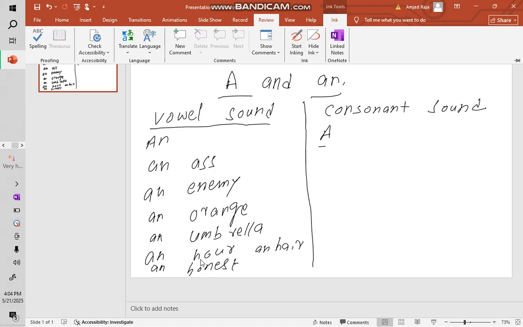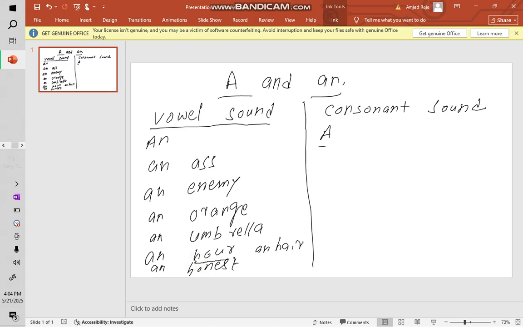In this case we have hour, honest, heir. These H alphabets we are not pronouncing in these words. That's why I have included them in vowel sounds. Notice that these words, hour and honest, begin with the vowel sound, and the initial consonant H is not pronounced.